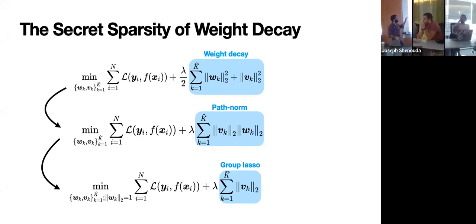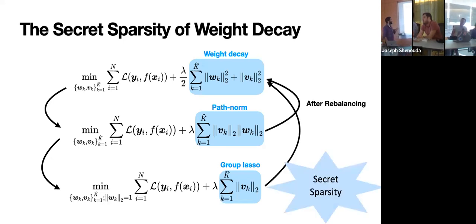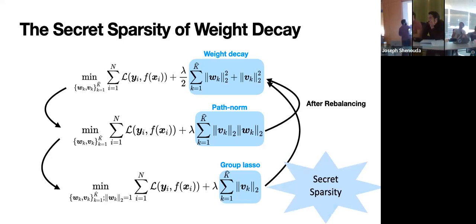I can make sure these objectives are equal, and moreover, I can go backwards: I can rescale to go from the group lasso regularization to weight decay, and from the path norm to weight decay. You can go from one formulation to the other at a global minimum.